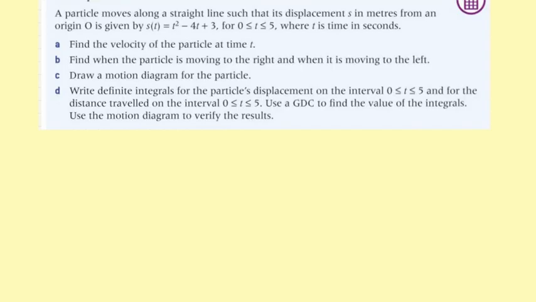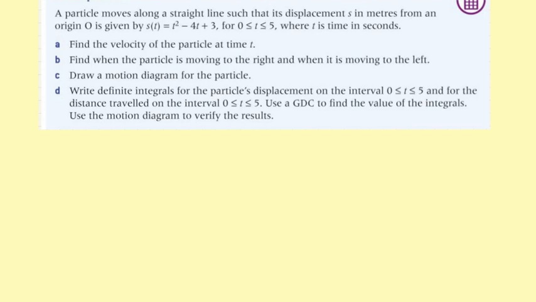Let's do another question. A particle moves along a straight line such that its displacement s in meters from an origin O is given by the equation s with respect to t is equal to t squared minus 4t plus 3, for t between 0 and 5, where t is in seconds.